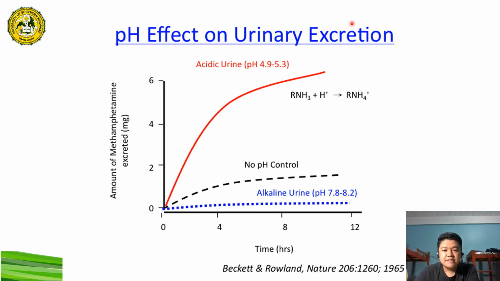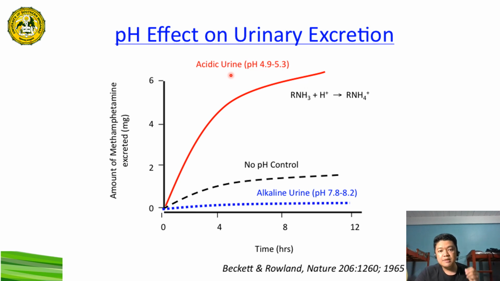In contrast, when we acidify the urine and the urine reaches a pH of 4.9 to 5.3, this will happen, for example, by repetitive ingestion of an acidifying agent such as ammonium chloride.